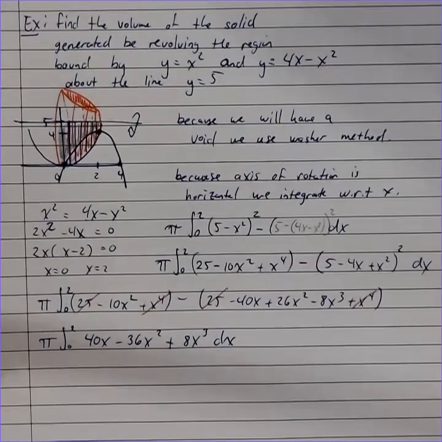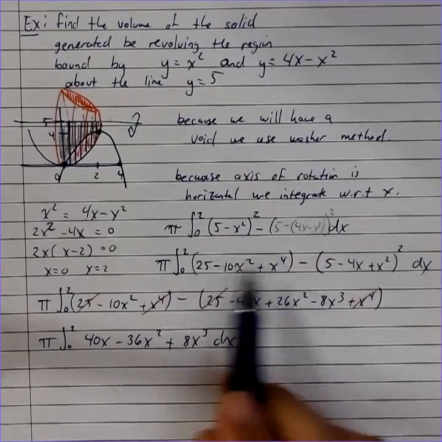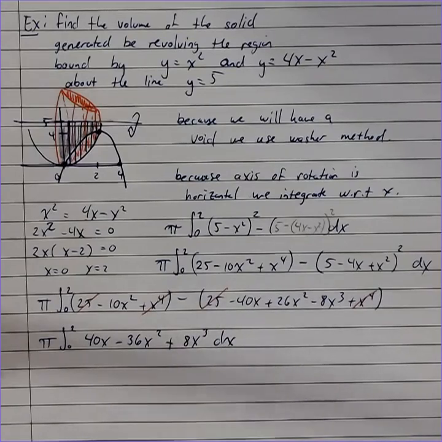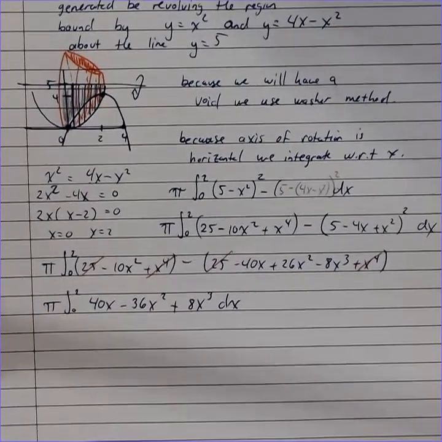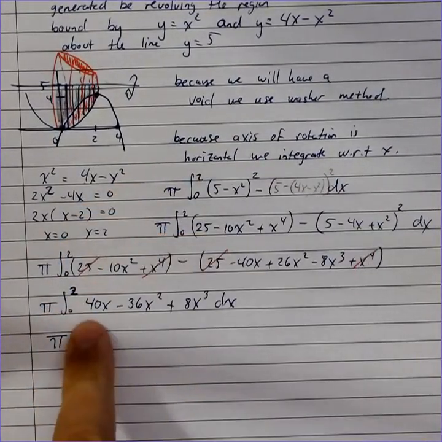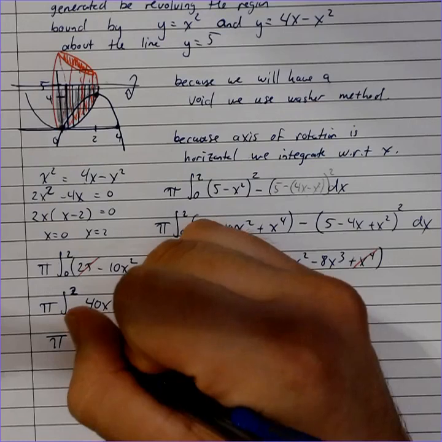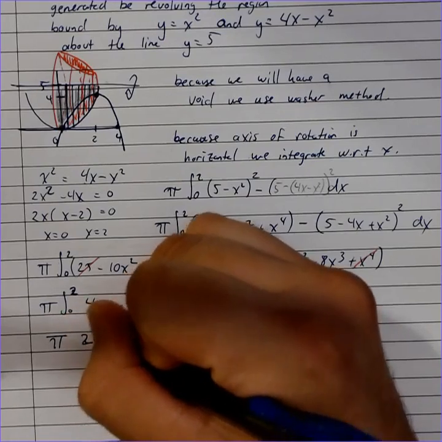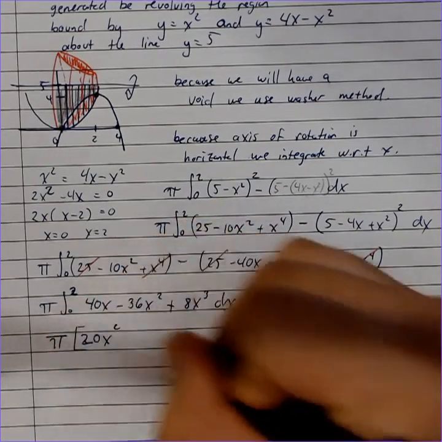And after a bit of setup, which as I mentioned sometimes is the hardest part, this is nice and simple relative to everything else we see. So this is pi. Integrating 40x with respect to x will give us 20x squared.